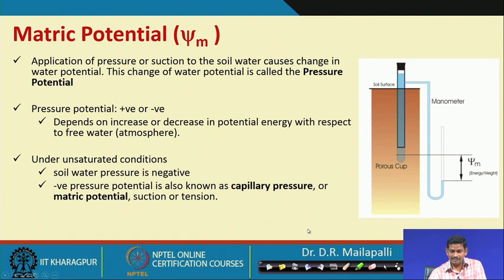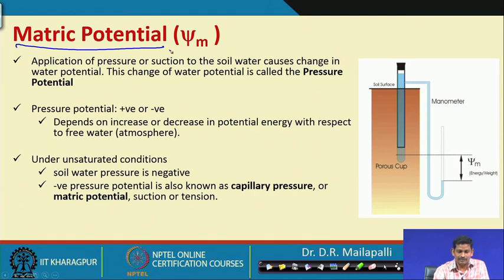Then the next is the metric potential. Basically, we are talking about soil moisture stress. The gravitational potential goes through gravity, whereas the metric potential is where the water is held by soil particles.